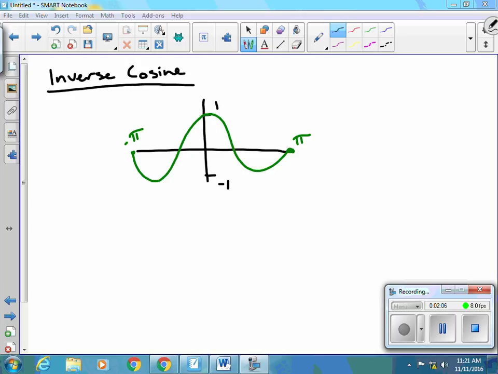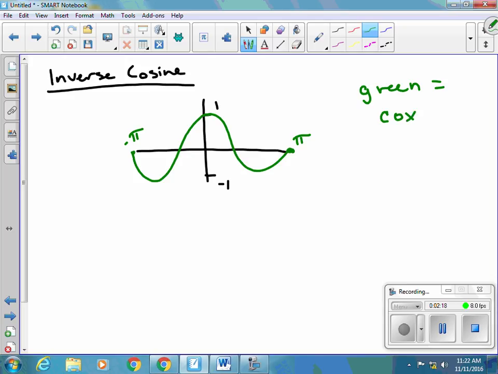With the inverse, we're actually basing this off of a reflection on y equals x. Okay, and what happens is this actually just gets rotated a little bit.